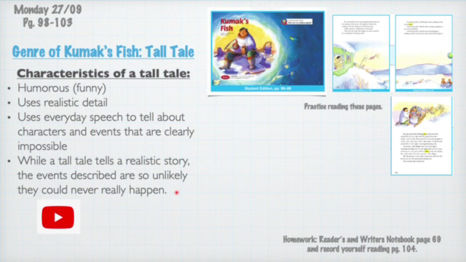You can also, boys and girls, click on the YouTube link to have more detail of what a tall tale is. And then for homework, Readers and Writers Notebook, page 69, and please record yourself reading page 104 in Reading Street.